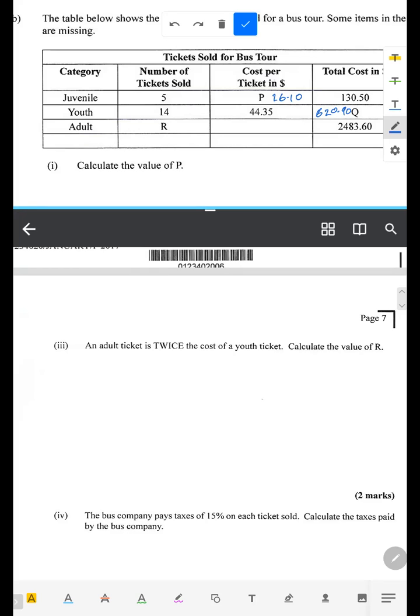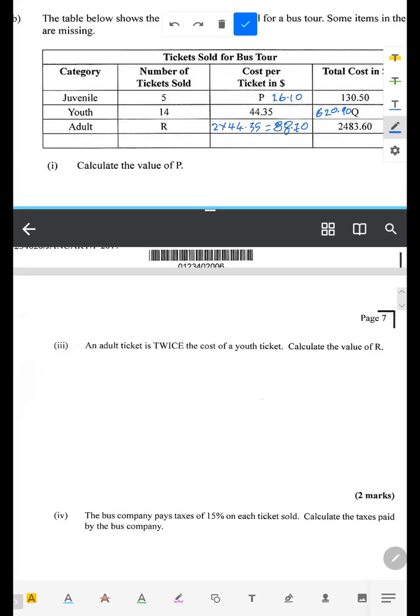So it means that right here will become 2 times this figure. So 2 times the 44.35 becomes 88.70.